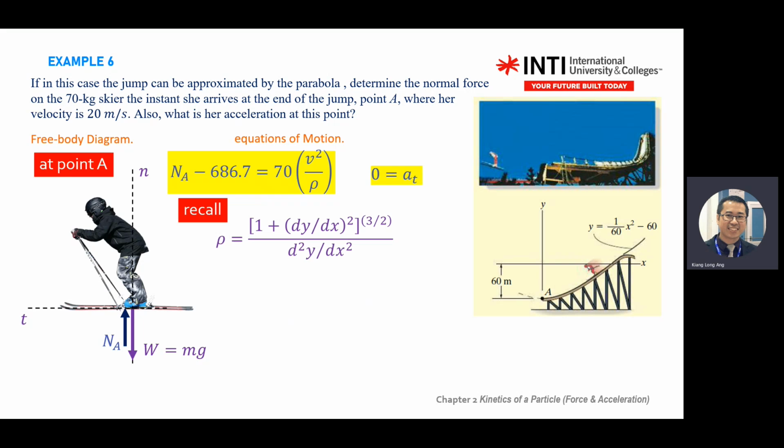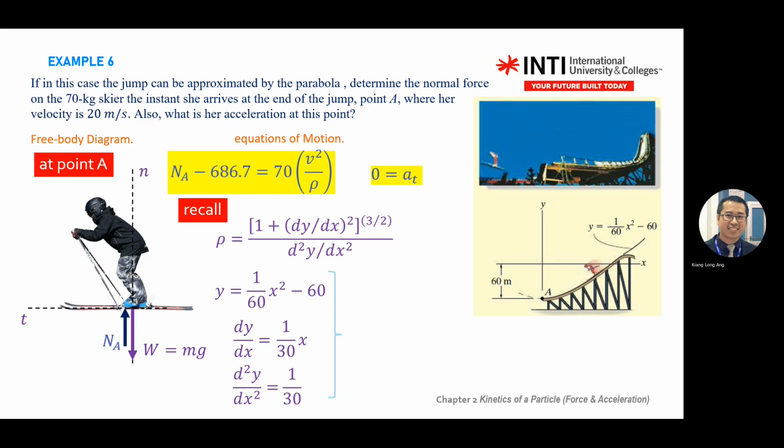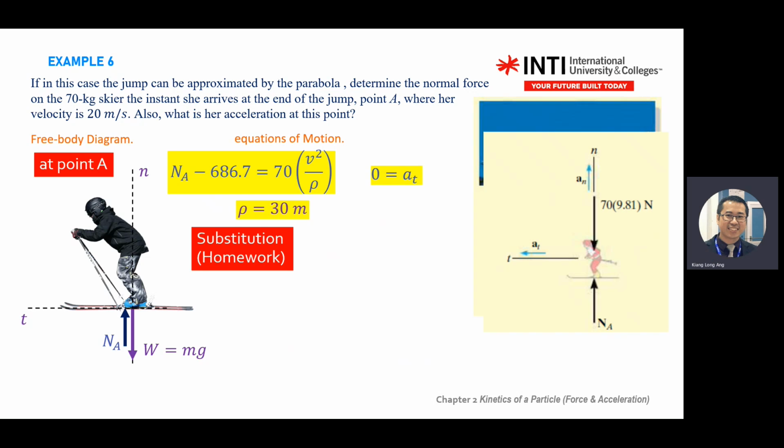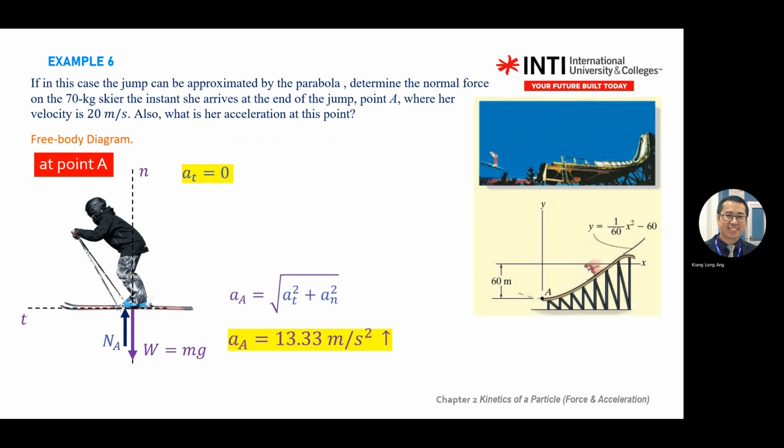Recall this equation. I asked you to memorize. You did dy dx just now. Substitute. Inside there, your rho is 30 meters. Substitute inside here. Plus calculator, you get 30. Okay. Substitute, you find your NA. So this one is your vector.